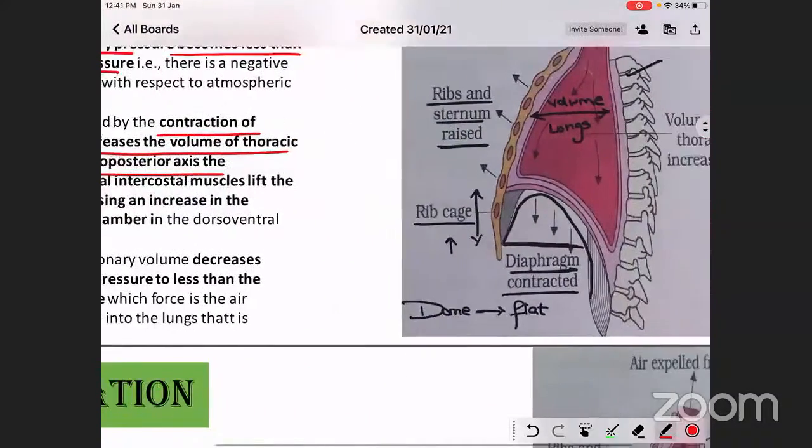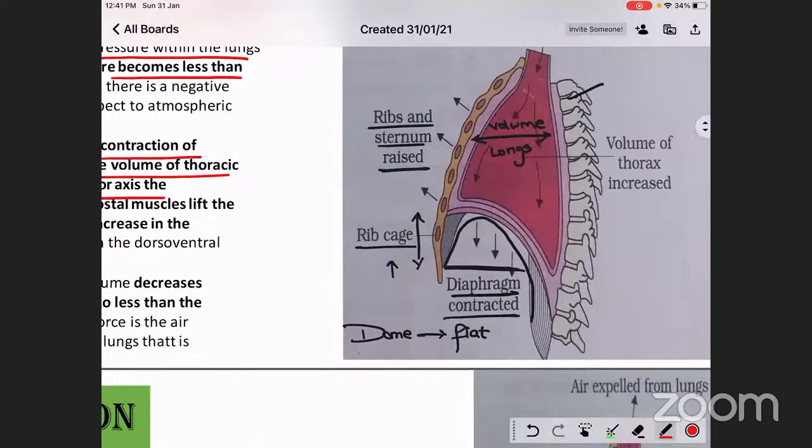You have to remember that the diaphragm is present somewhat tilted like this. If this diaphragm comes down to become flat, it increases the volume in the anterior-posterior axis, meaning this is the anterior position and this going behind is the posterior position.